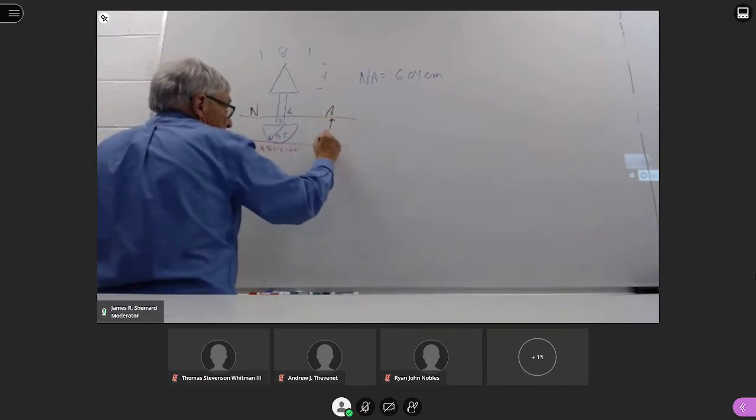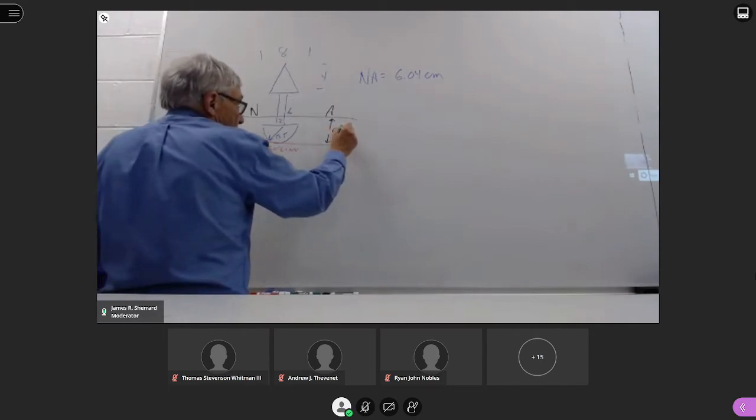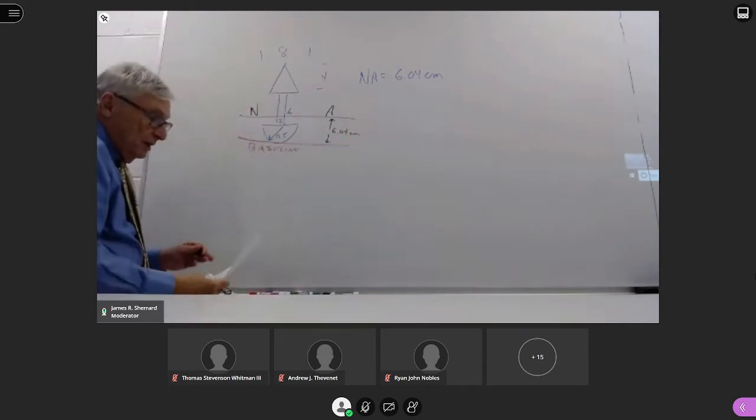This is the neutral axis, and that distance from the baseline was 6.04 centimeters.